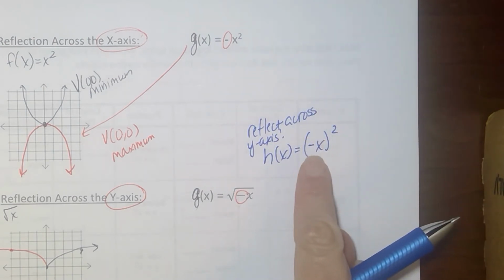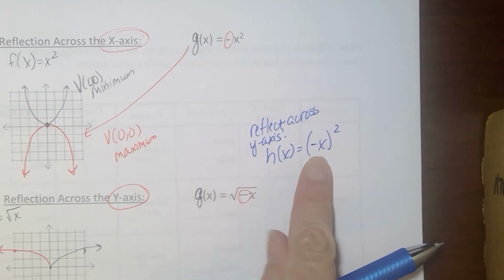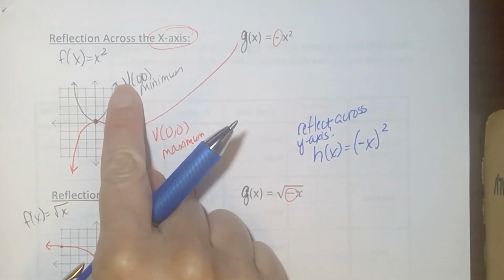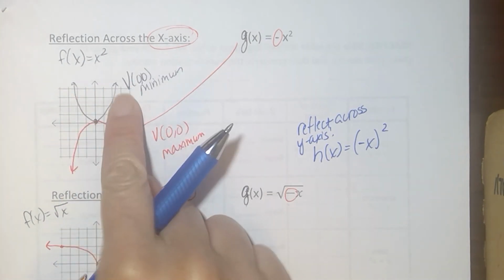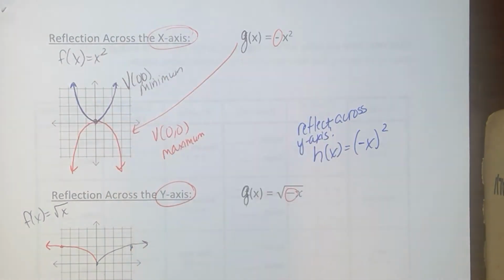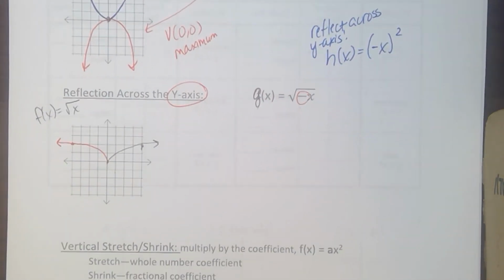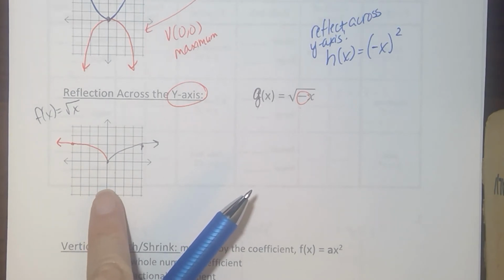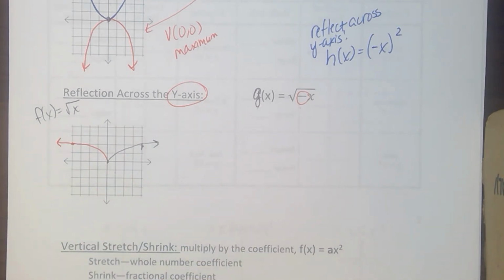If I square a negative x, it becomes positive x squared. Nothing changes. If I reflect this parabola across the y-axis, nothing changes. It's right on top of itself. You can't see that reflection, which is why when we talk about y-axis reflections, we typically pick a different type of function so that you can see the reflection happen.